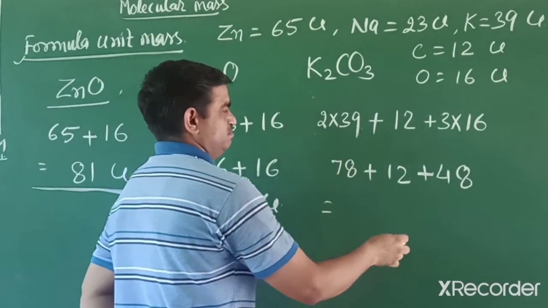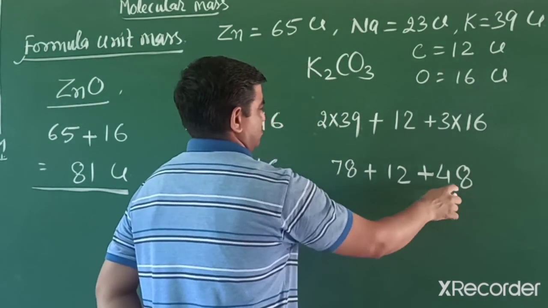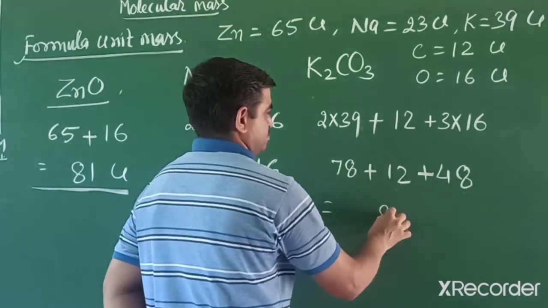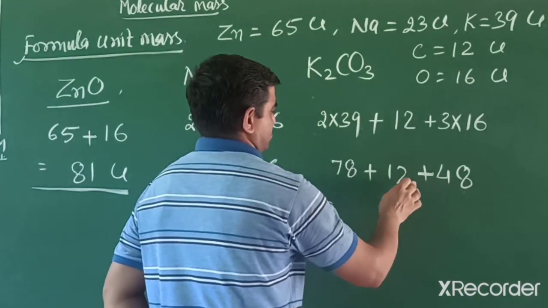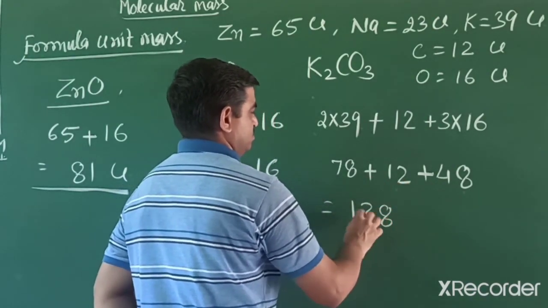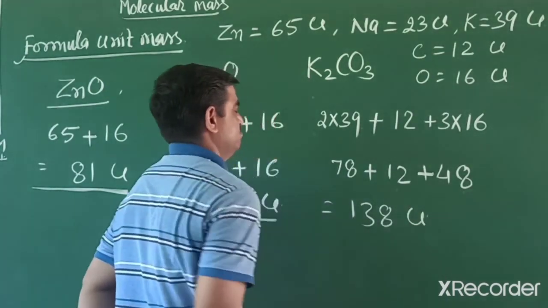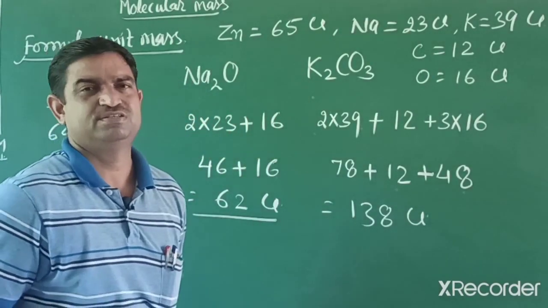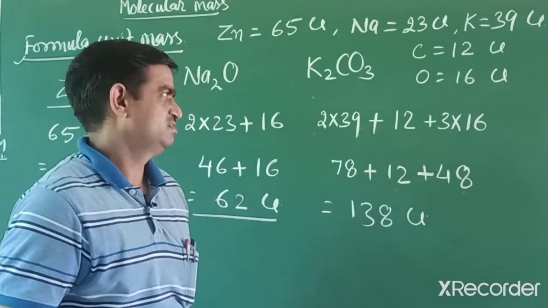Then this total sum: 78 plus 12 plus 48 is 138 u, the formula unit mass. So students, in this way you can find it.